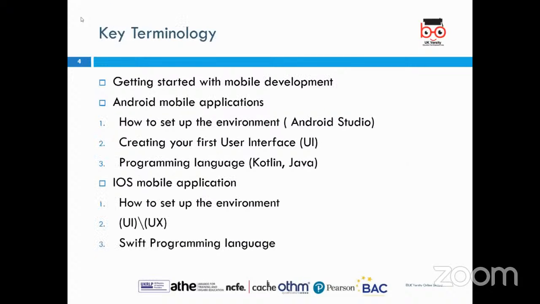Some key terminology we need to consider is getting started when we're building mobile applications. We're going to look into Android, how we build an Android application. We'll set up the environment with Android Studio, which is the IDE used for Android developers.